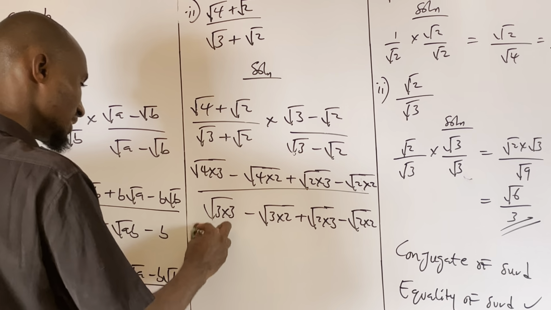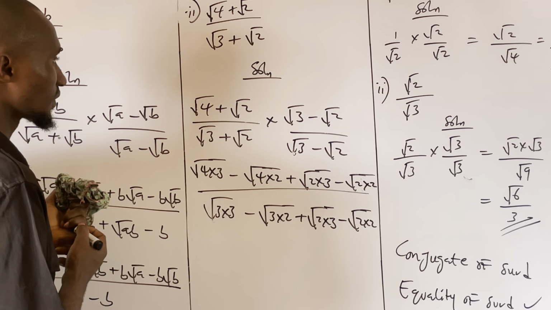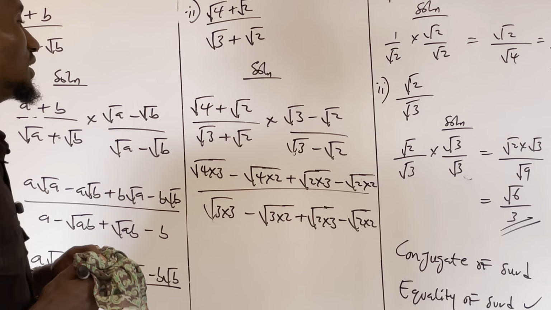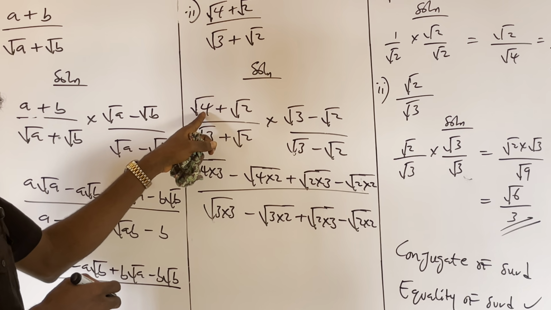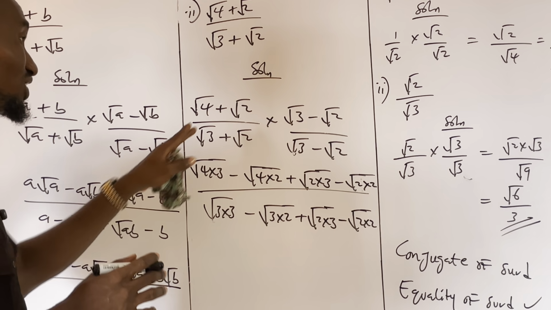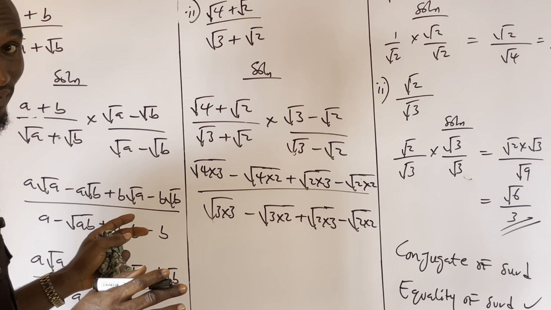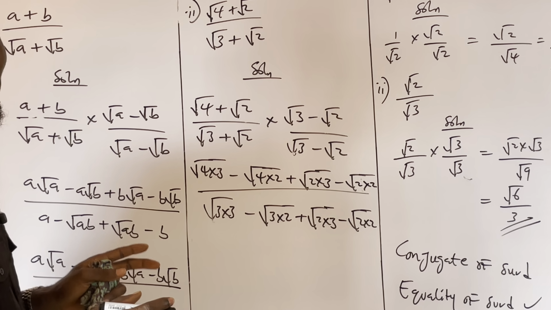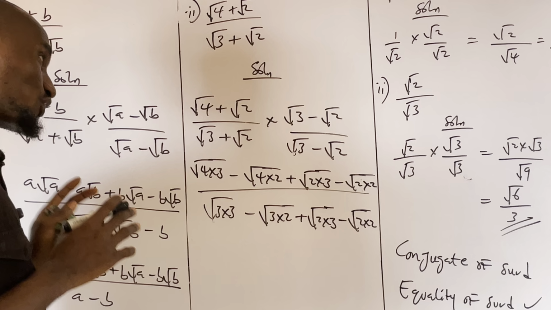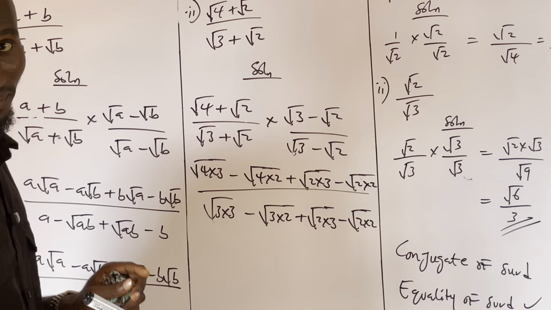So this thing now is... we're not even supposed to use this root 4 here, but for the sake of learning, because this root 4 is just 2 itself. But if that will confuse you, I can change the question right now.